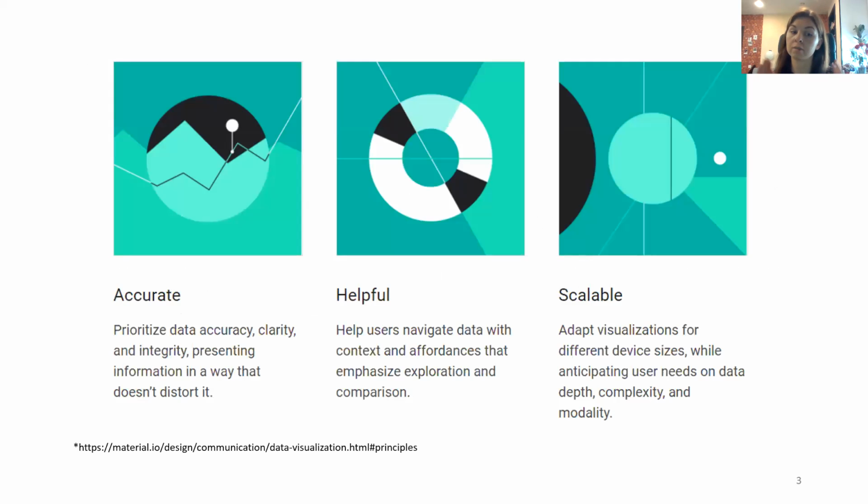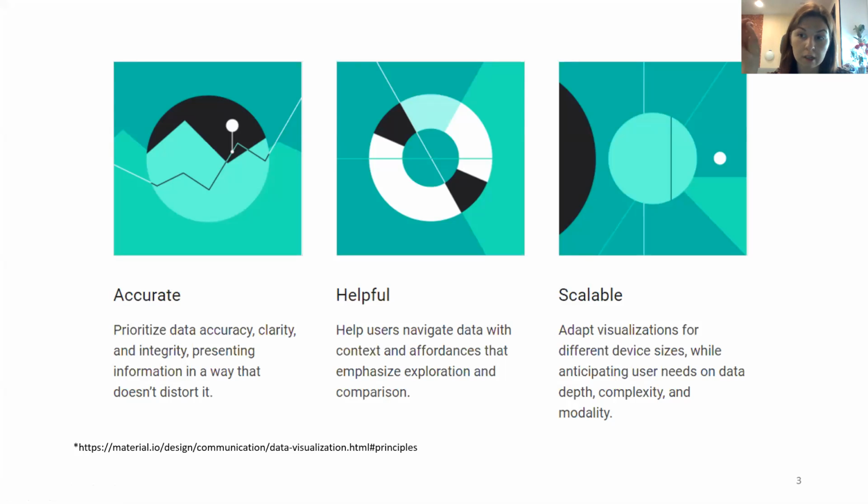Data visualization should be accurate, helpful, and scalable. You may find this presentation in our classroom and follow links inside the presentation to the full article about data visualization techniques. You should present your data in such a way that doesn't distort your information.